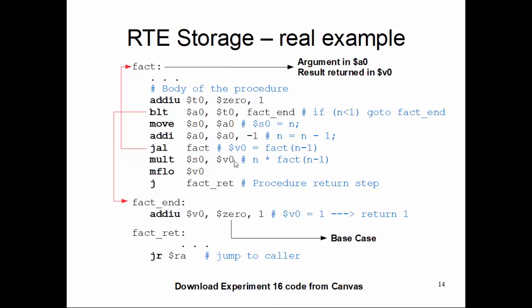Remember at this point I'm storing S0 as my n of this step, this instance. And then I load the V0. Of course I have a limitation here. I'm assuming my factorial result is bound within 32 bits. I'm not taking care of the higher bits and so on. That's okay. Not very critical in this example.